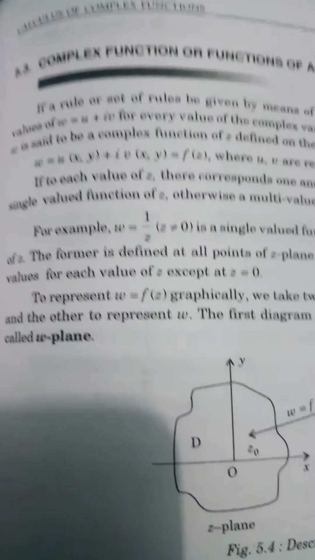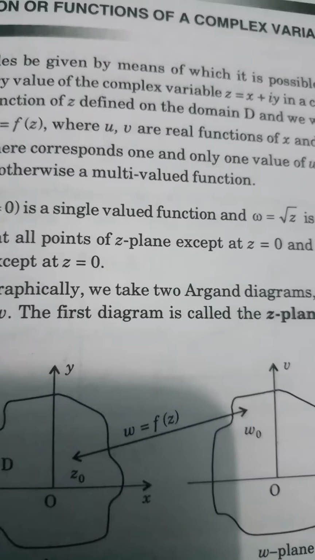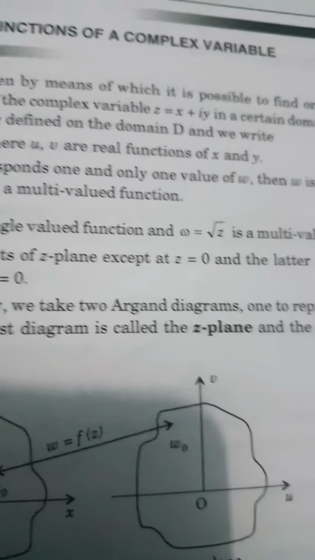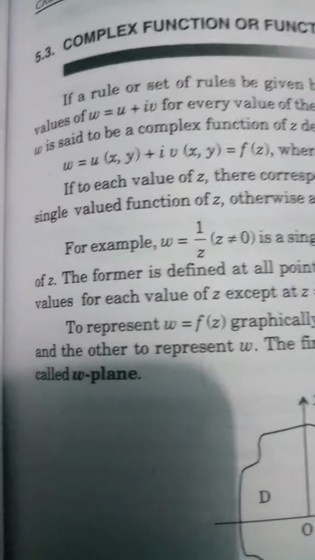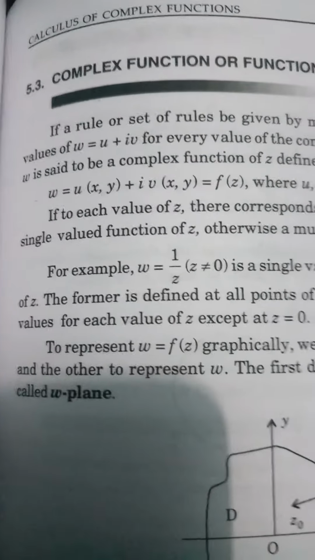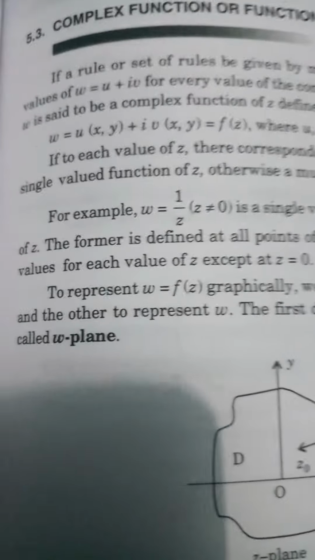If to each value of z there corresponds one and only one, a unique, value of w, then w is said to be a single valued function of z. Otherwise it is a multi-valued function.